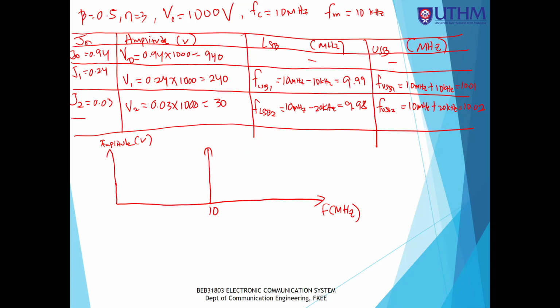The first sidebands are located at 10.01 and 9.99, and the amplitude here is 240. The carrier is 940, so this is supposed to be lower.